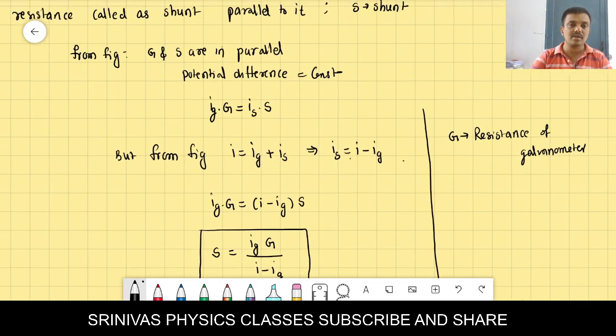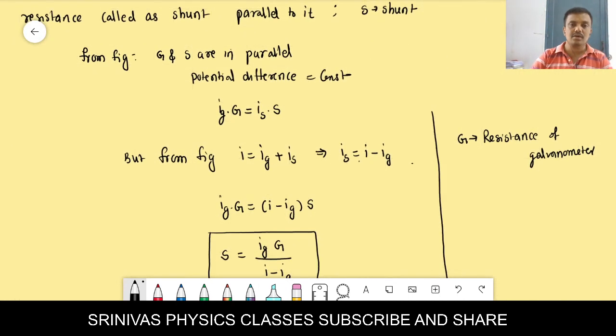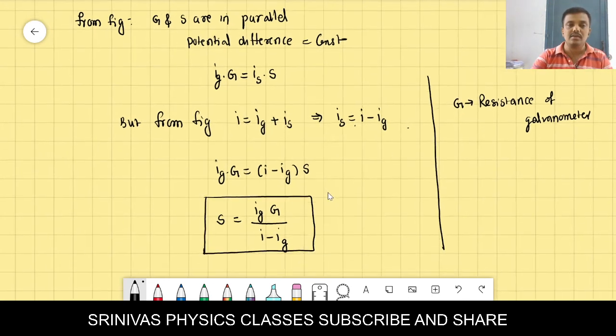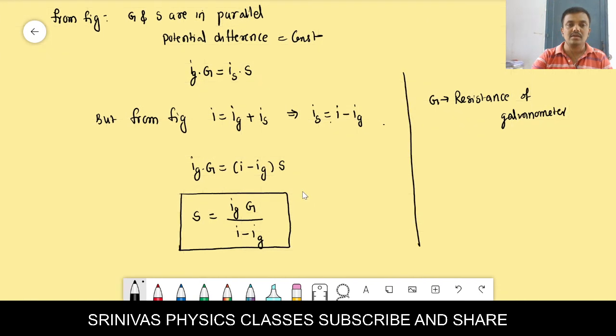Here we are writing some terms related to this. First we go for G. What is G here? G is the resistance of the galvanometer. What is Ig?